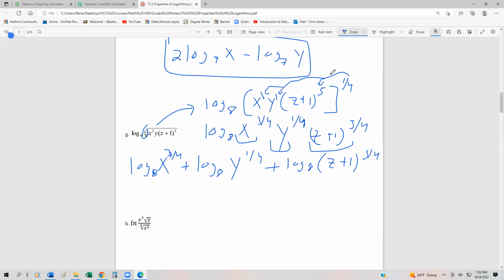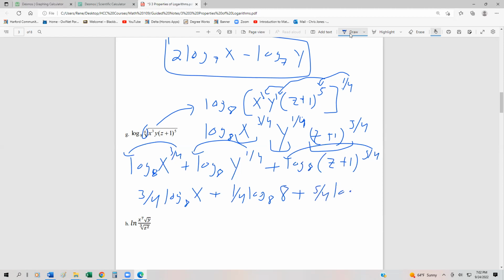And then the last thing that we can do is take all of those exponents and move them down into the coefficient spot. So the 3/4, the 1/4, and the 5/4 are going to come down. And so our final answer would look like 3/4 log base 8 of x plus 1/4 log base 8 of y plus 5/4 log base 8 of z plus 1.